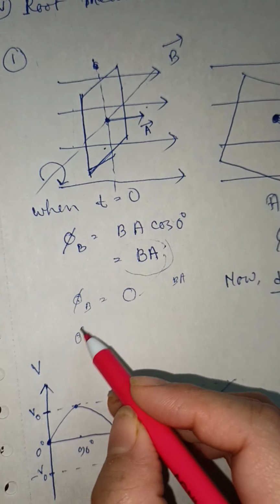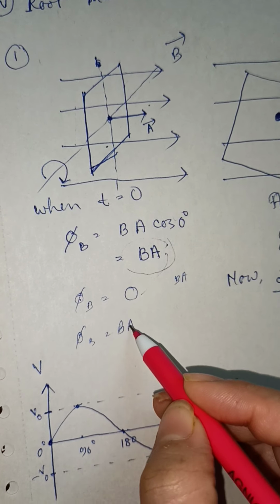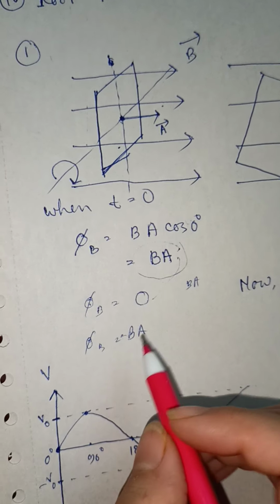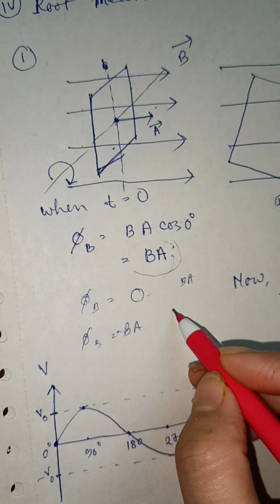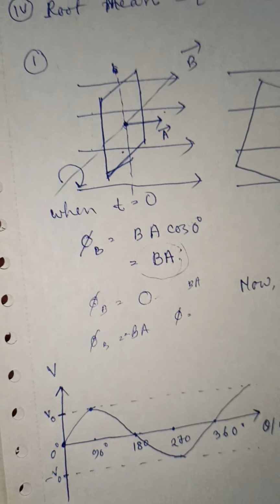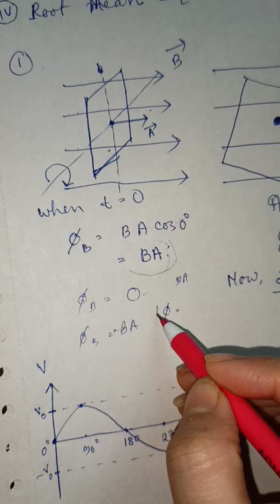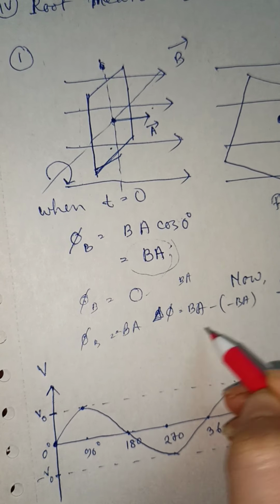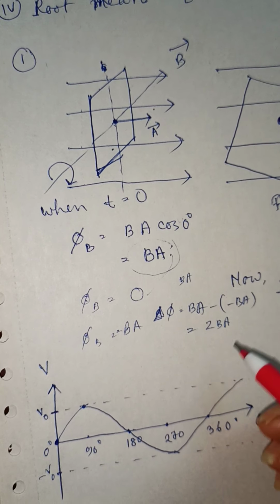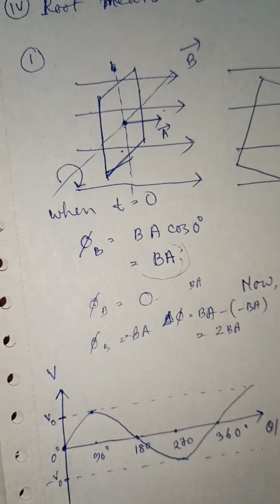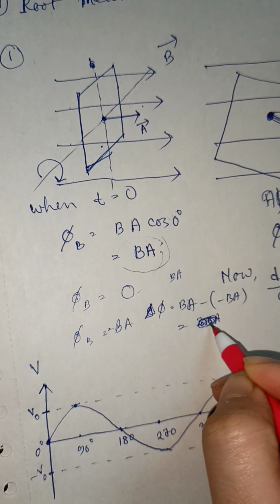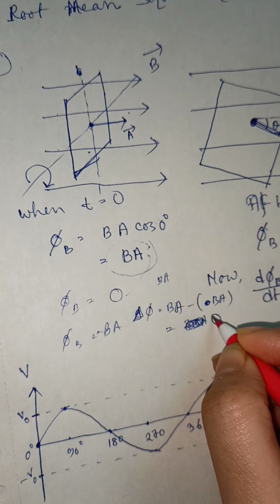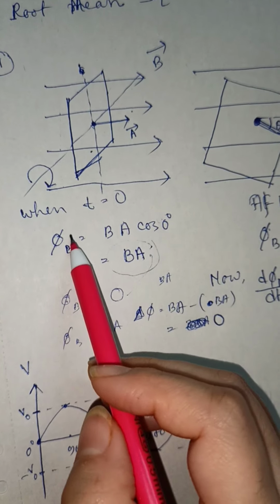So the flux will again be BA, because flux is a scalar quantity.